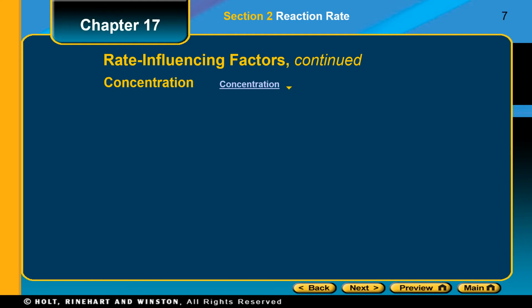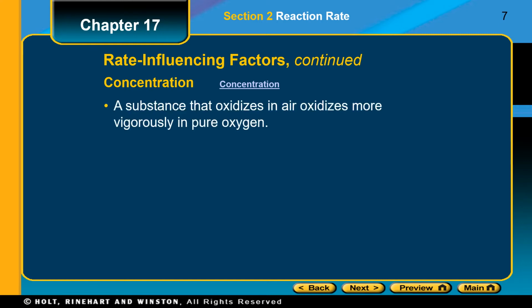Now, concentration is another factor that influences the rate of chemical reaction. So a substance that oxidizes in air will do so more vigorously if you put it into pure oxygen.